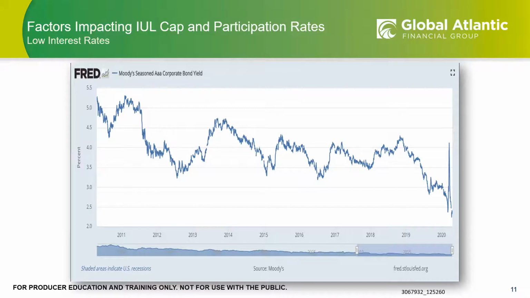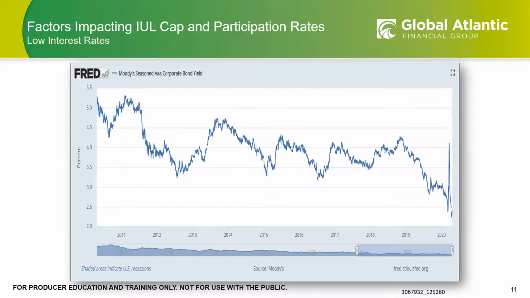Likewise, when we talk about cap rates and participation rates, the money that we are charging within a contract for the option budget, and the return that we can get on that option budget, has decreased as well. So the option budget within the contract has been decreasing at the same time. This is why you see carriers making changes to their cap rates.